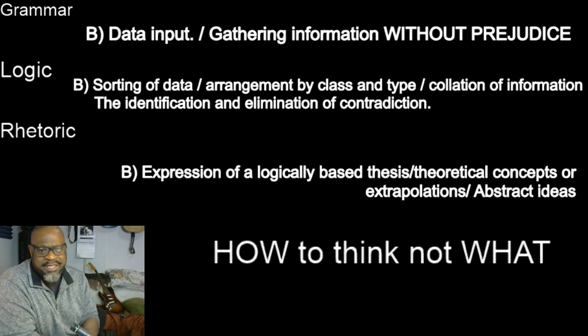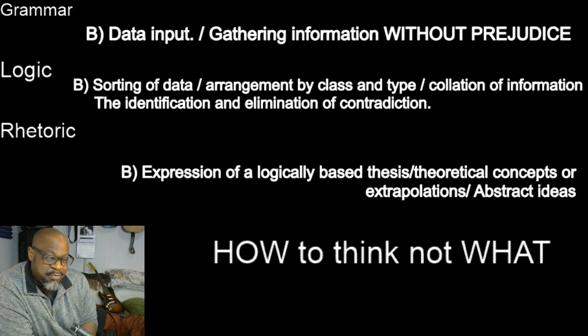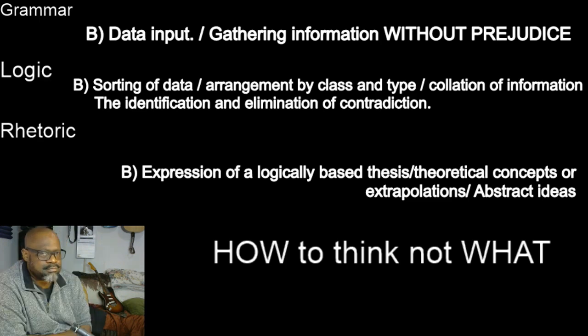So that ultimately is the trivium. That is critical thinking. That is how to think, not necessarily what to think. The same process can be used for self-education, for discovery, for a great number of things.